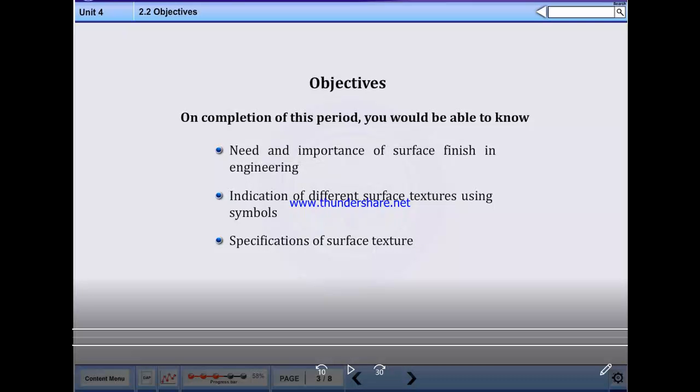After completion of this surface finish, we will learn the need and importance of surface finish in engineering drawing, indication of different surface textures using symbols, and specifications of surface texture.